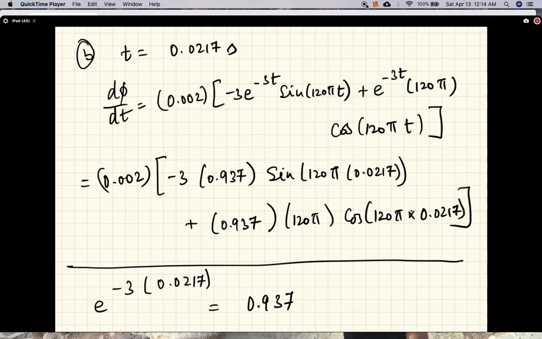Let's evaluate these. That will come out in radians, and we'll have to convert to degrees, or you set your calculator to radian mode.